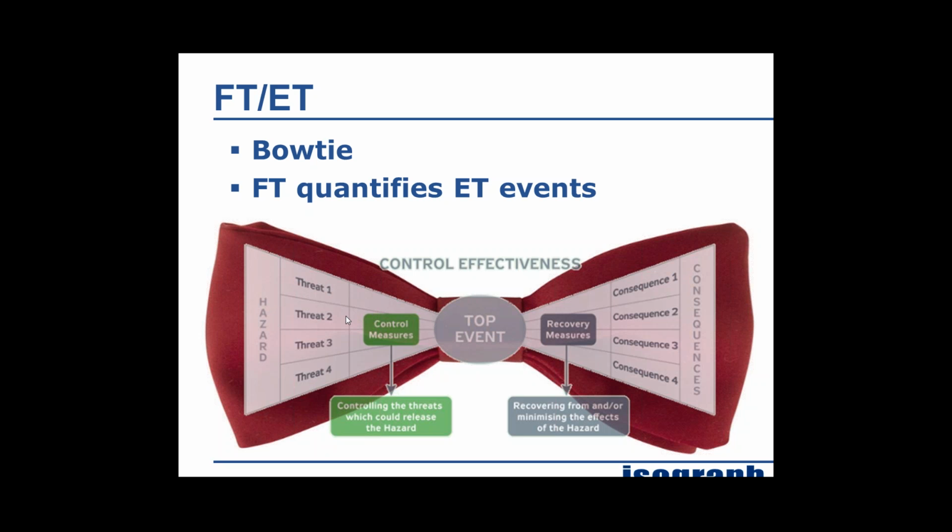Mitigating these threats or failures can mitigate the occurrence of the top event, and try to prevent it from occurring. To the right of our top event, we have our recovery measures. This is where our various consequences can occur, and based on the status of our mitigating or protective measures, we can mitigate those consequences. So this is why it's referred to as a bow tie, because if you draw it, it matches the profile of a bow tie.